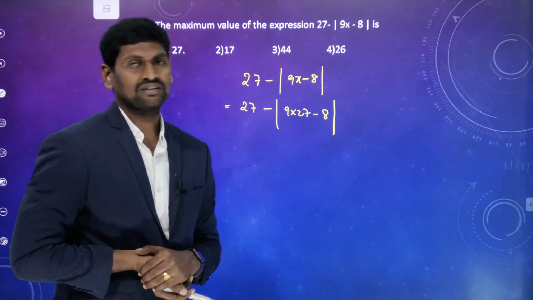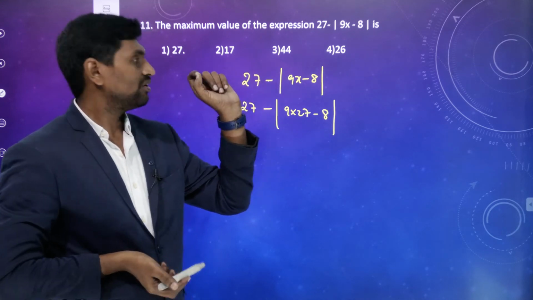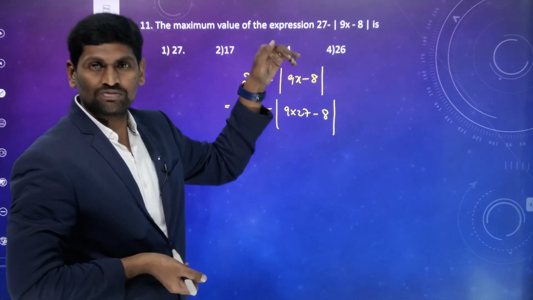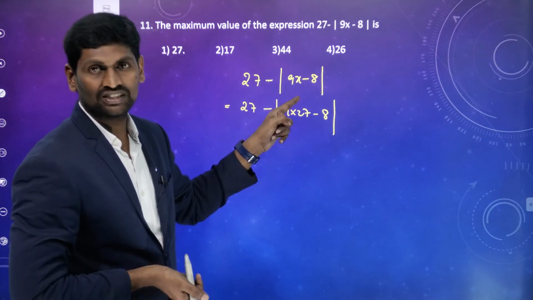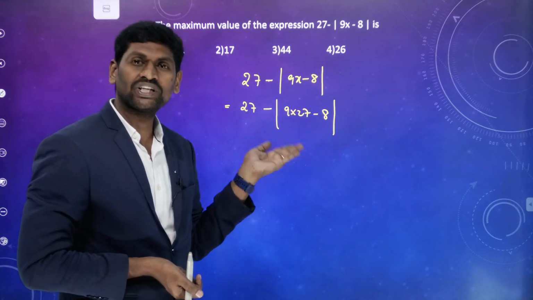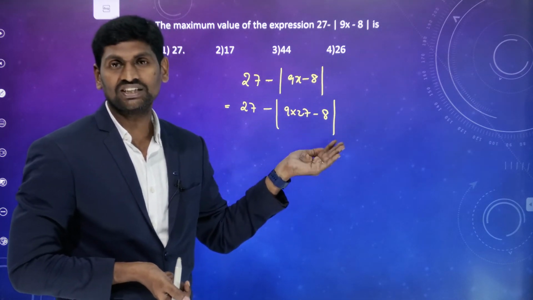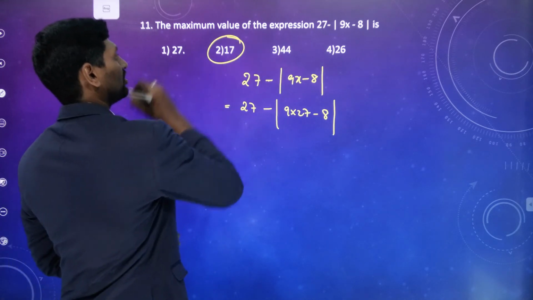Without substituting, we can say easily, whatever the smaller number in the place of x, the modulus value becomes less. Then 27 minus that value gives the more answer. That means we have to take the smaller value, nothing but 17.